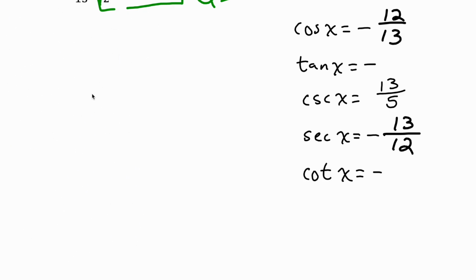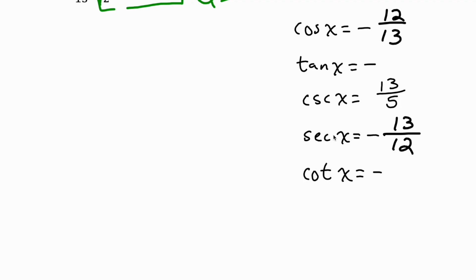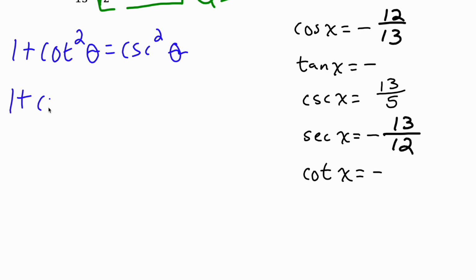Okay, so I'm starting with, again, information that I know. I know that cosecant is 13 over 5. So Pythagorean identity, 1 plus cotangent squared theta is equal to cosecant squared theta. Plug this in, 1 plus cotangent squared theta.